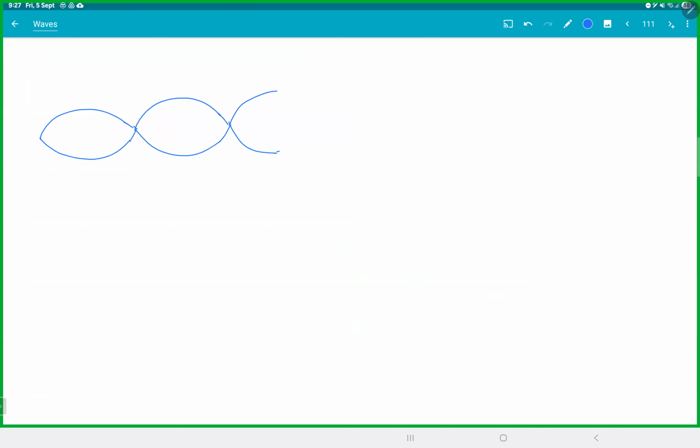This is how it looks. Second overtone or fifth harmonic. They should know how free end sonometers work. So if you have no idea, then you're gone.